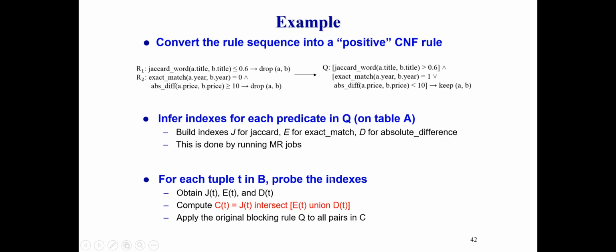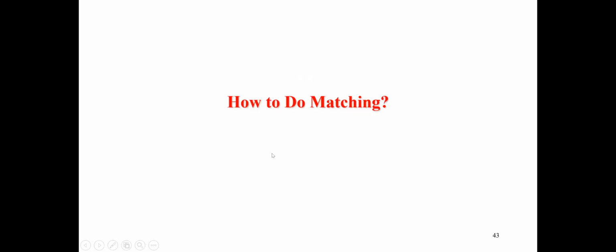As I mentioned earlier, we find a small number of tuples in A that could be suitable. Then we pair them with the tuple in B, and apply the rule to that. All this is done using either Hadoop, or recently we actually use Spark and MongoDB. Okay, so now blocking is done.